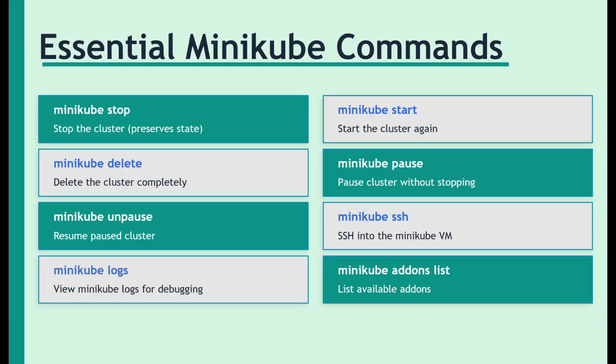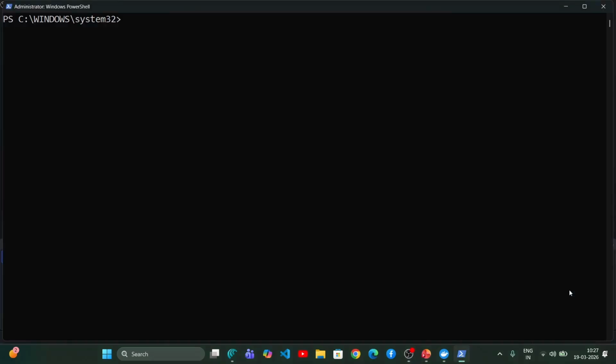Now we will see how to set up a multi-node Kubernetes cluster. It's pretty much straightforward. We just have to add an additional flag to the minikube start command, where we use --nodes=3. That will run our multi-node cluster. We have seen that by default it runs only a single node cluster. Now let's see how to run a multi-node cluster.